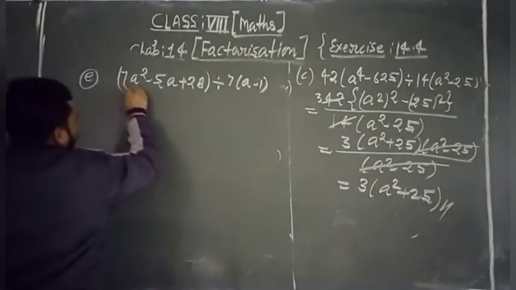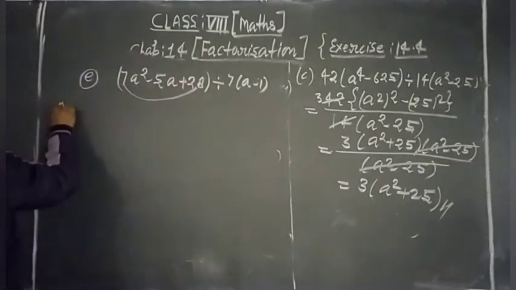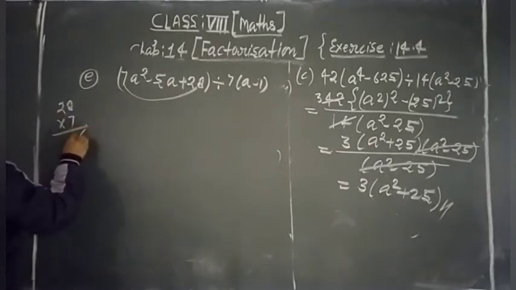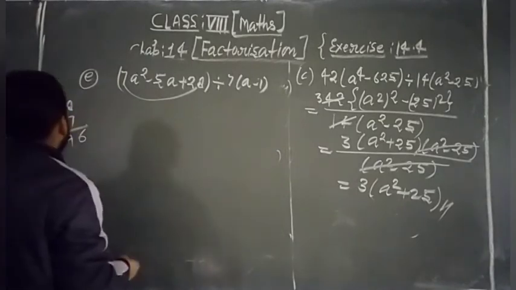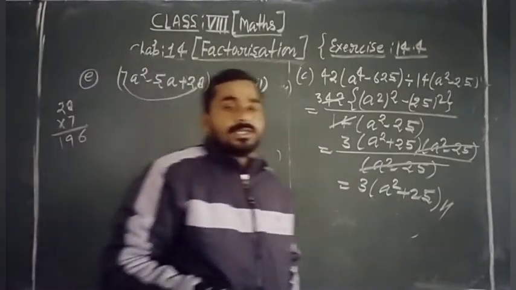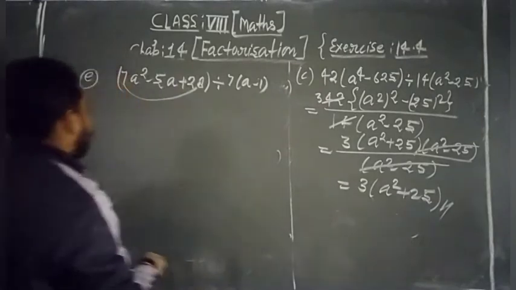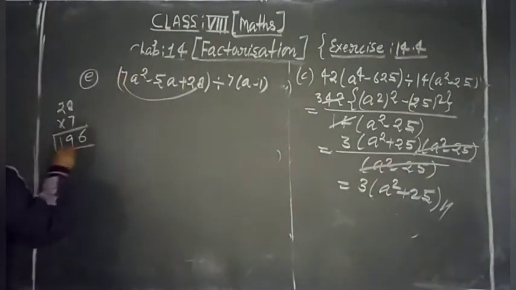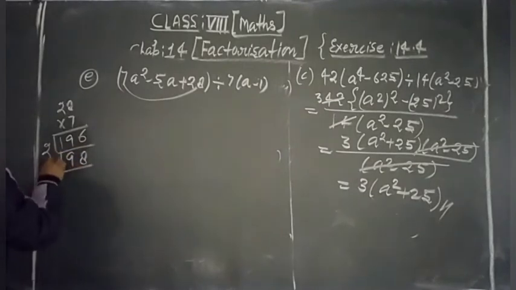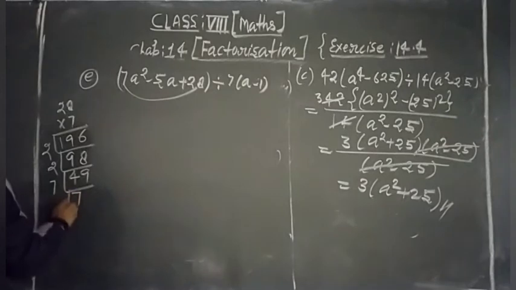So 7 times 28 is 196. Then factorize 196: 2 times 98, 2 times 49, 7 times 7.